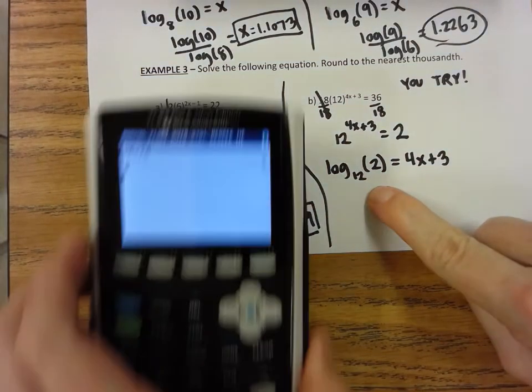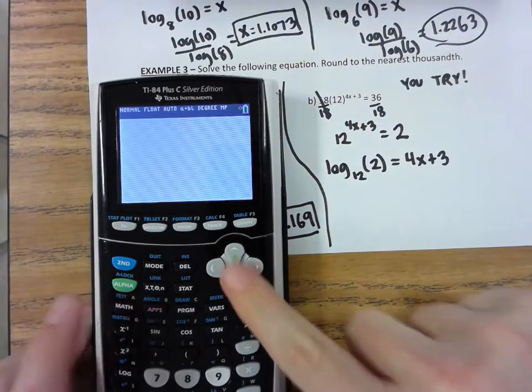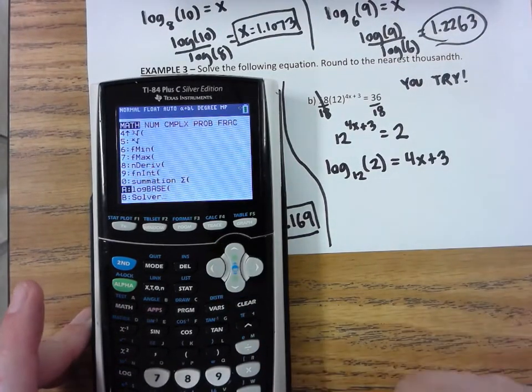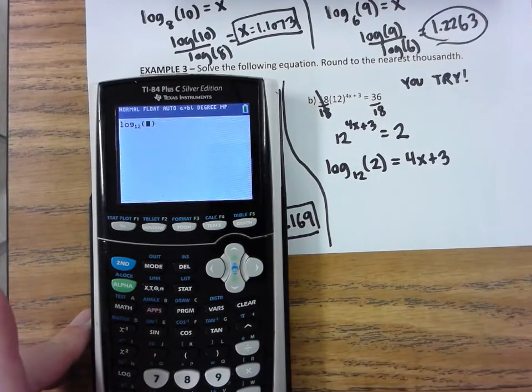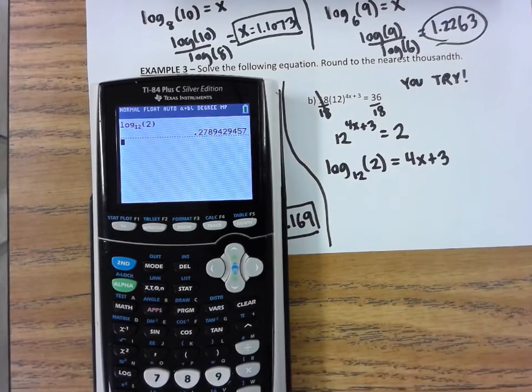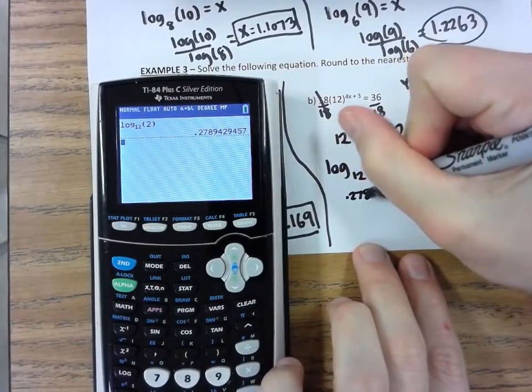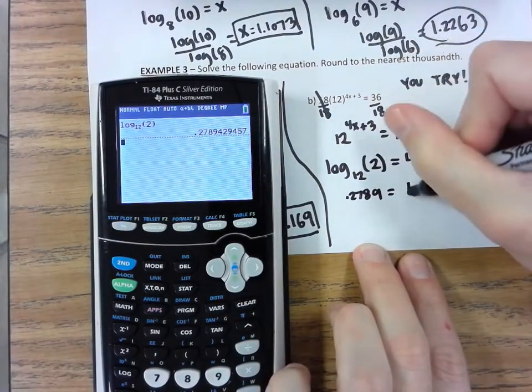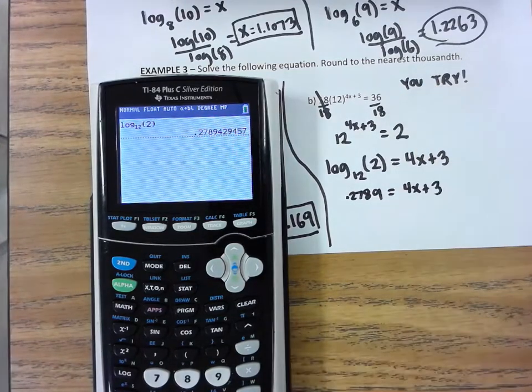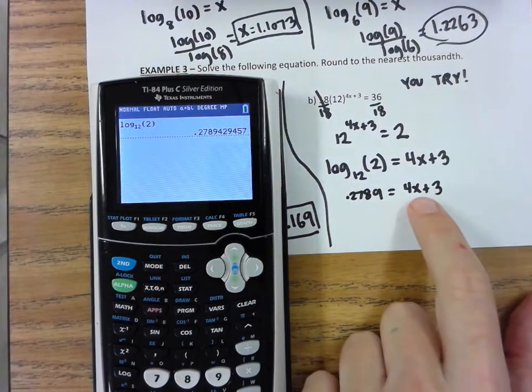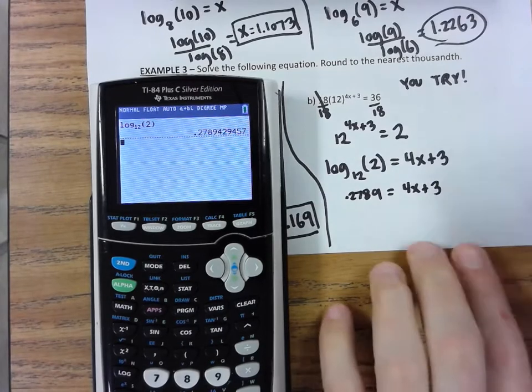Calculator. And I totally do log base. I think it's easier. I like log base. So I'm going to just put it like that, 0.2789. Subtract 3 from both sides.